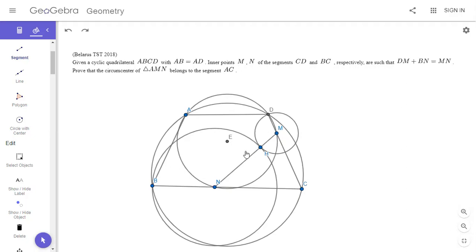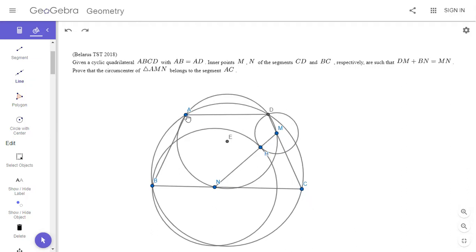Or NCE is equal to NCA. So I wonder if CH is like the radical axis of those two circles.